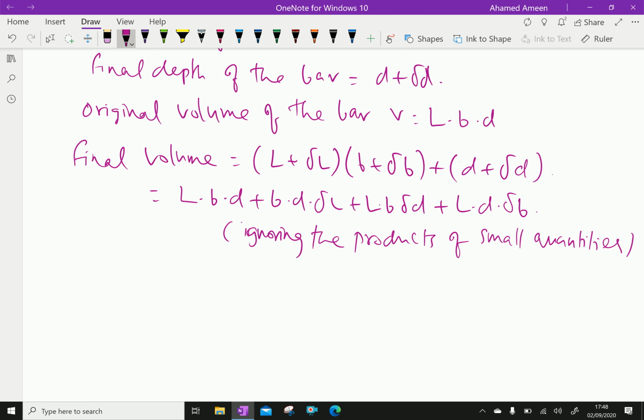Now change in volume means final volume minus original volume.